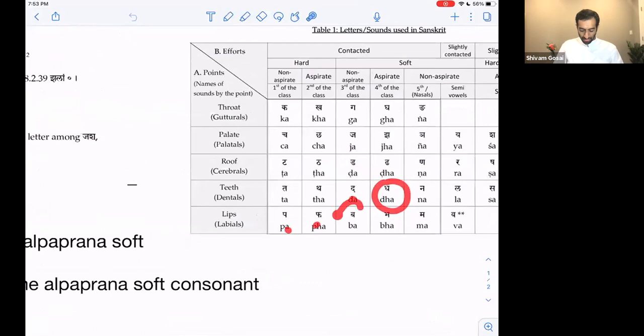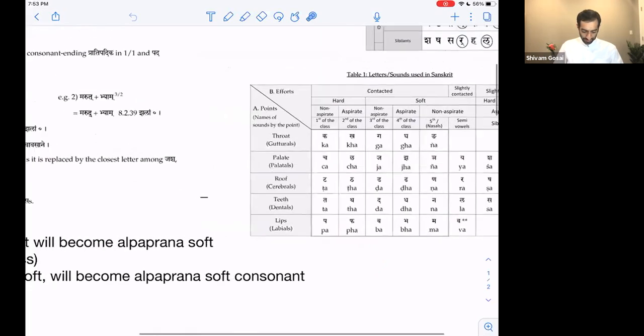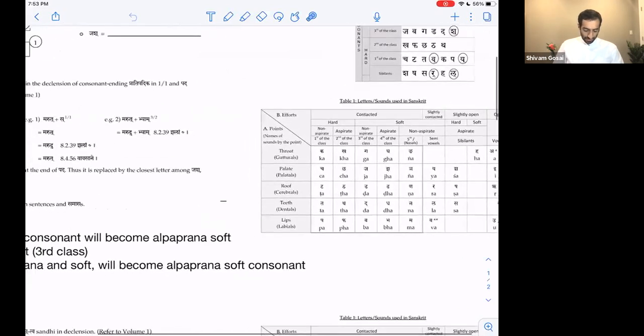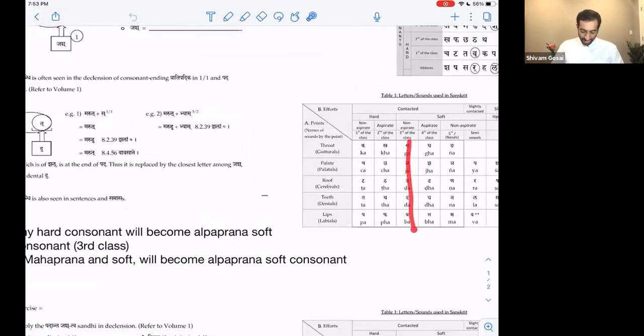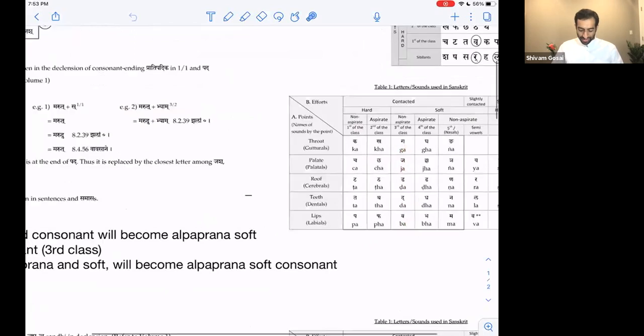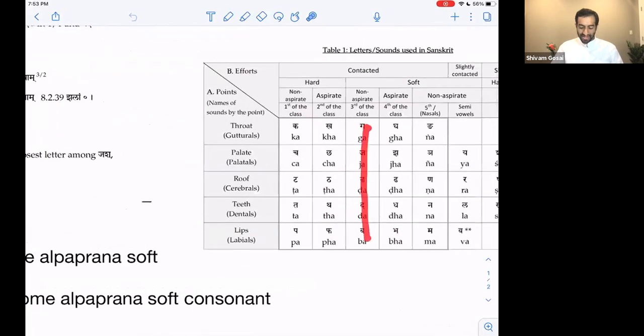Pa or pha will become ba, or bha will become ba. Technically, if this third class is at the end of a pada, it will become itself, because it's still applied, because it's part of jal.